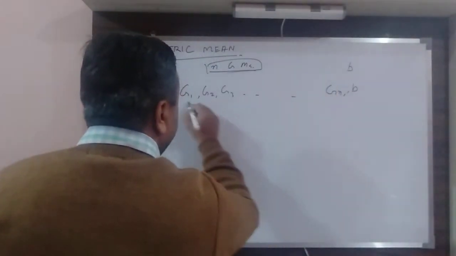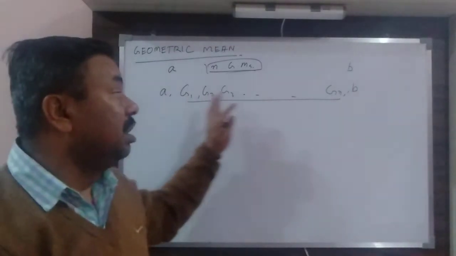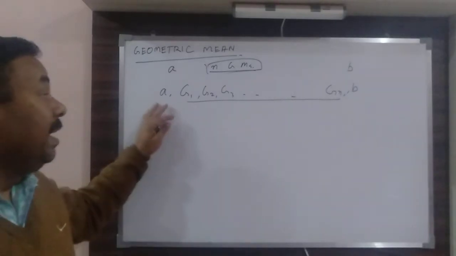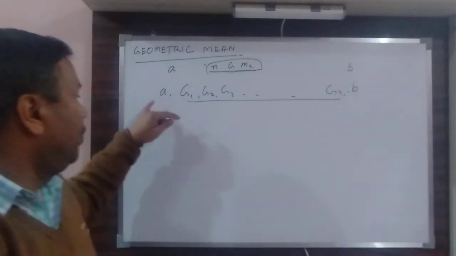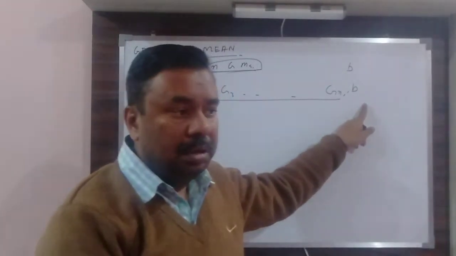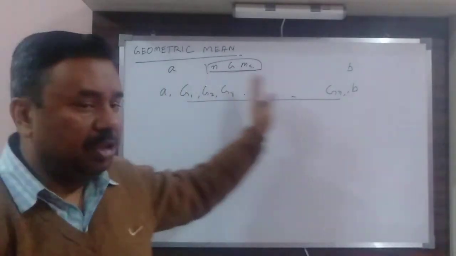These are the n geometric means that are to be inserted between A and B. Now, because you know the first term and the last term, what you have to find out is the common ratio.